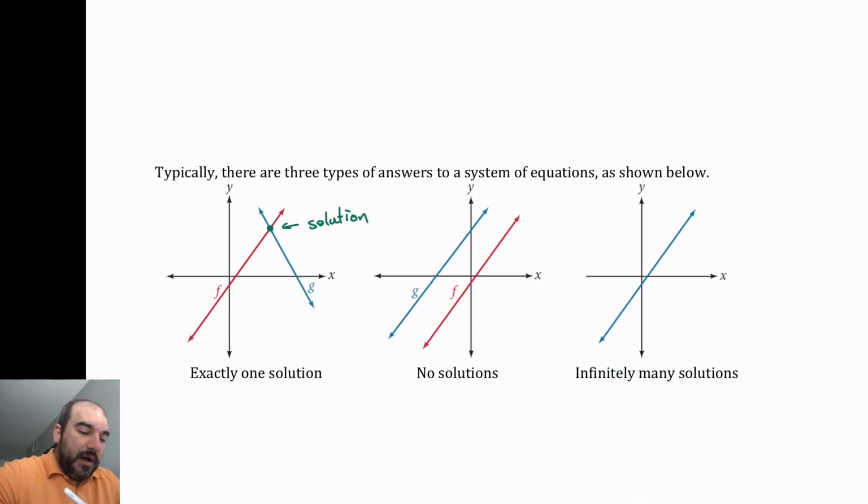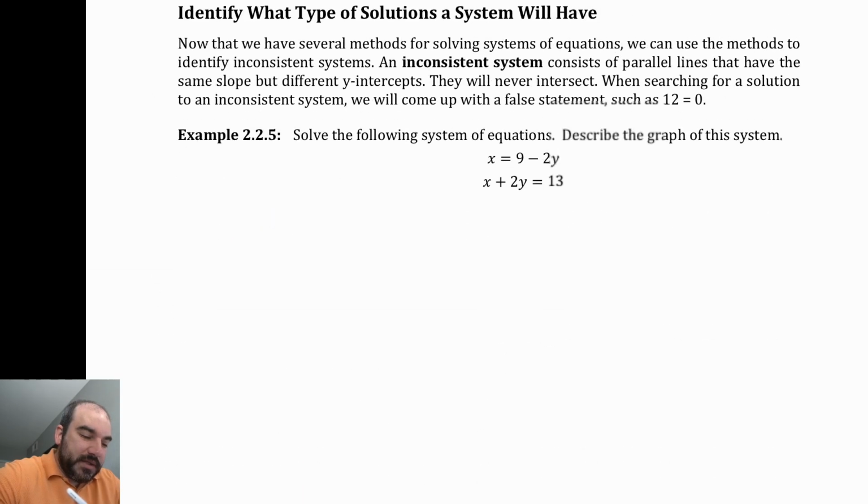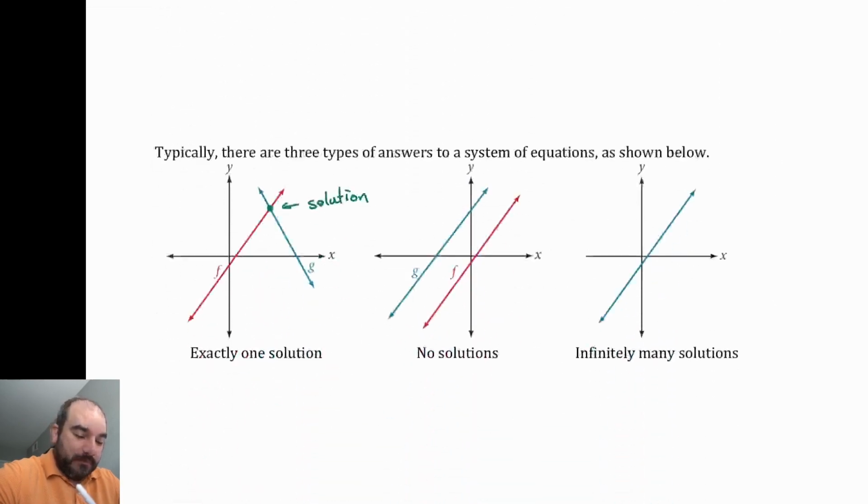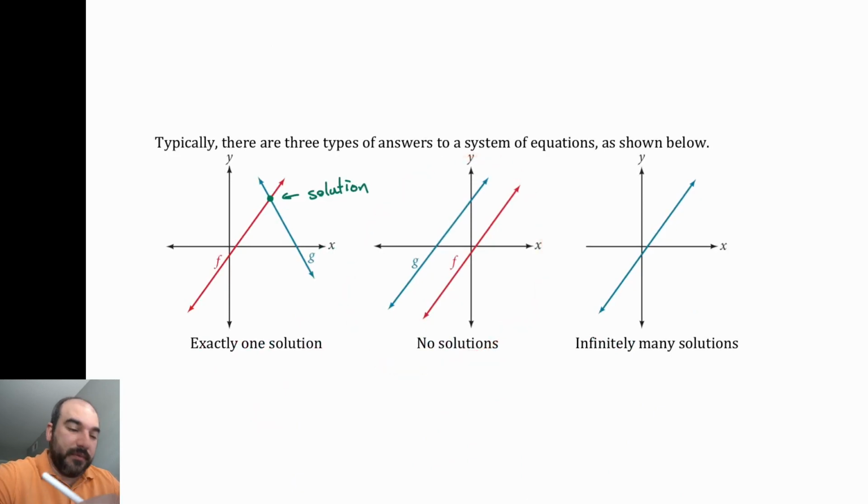So by looking at equations like this, if you can figure out what the slope is for each one and you can figure out what the y-intercept is, you might be able to say whether or not they have the same slope and whether or not they have the same y-intercept, and you can tell from looking at that that they will be parallel and therefore will have no solution.